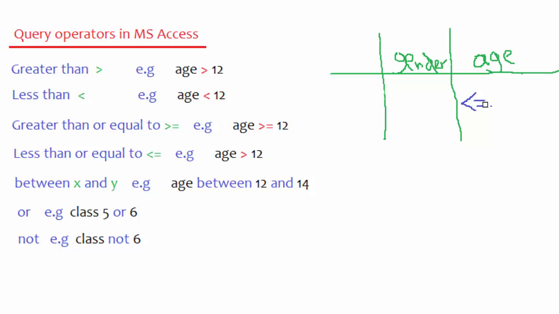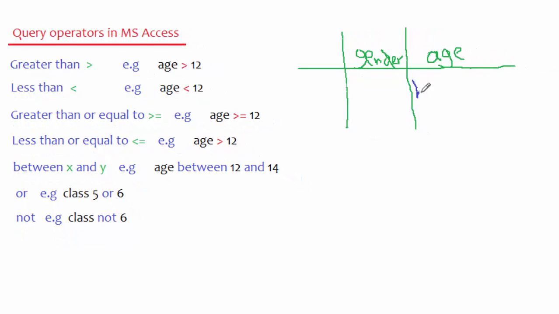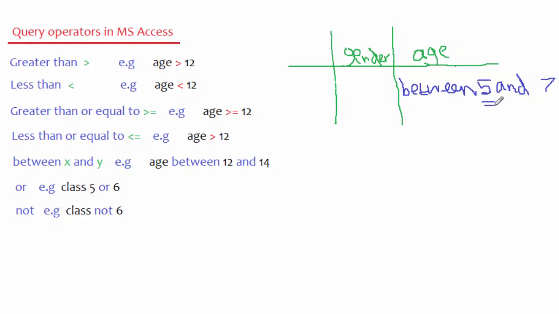You have to come and write the word between, then maybe 5, between the age of 5 and 7. So these are the values, and these two, between and and, are the operators I am using.